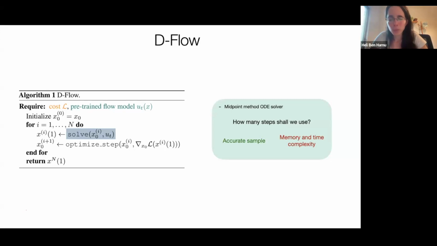In all the image applications, we used 6 steps, 6 function evaluations for the generation. And in the molecule applications, we used 100 function evaluations, which already gives a pretty accurate solution. And I think the interesting thing here also is that even with a very small number of steps, we were able to get good results on images. So that's also an interesting finding that we had.